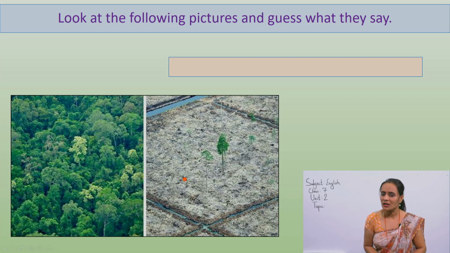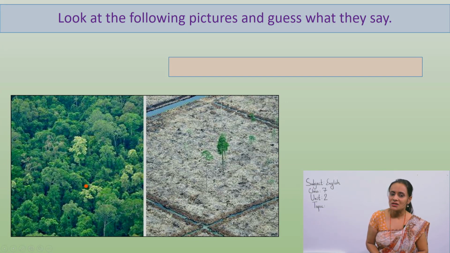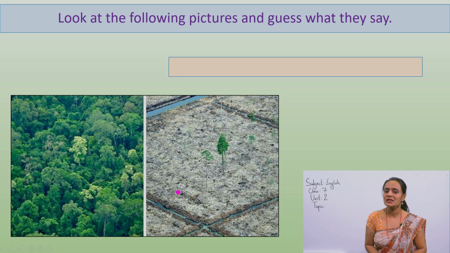But in the second picture, you can see the bare land with few trees only. But these pictures indicate the same place. This is the past situation and this is the present situation. And nowadays also we are facing the same problem.